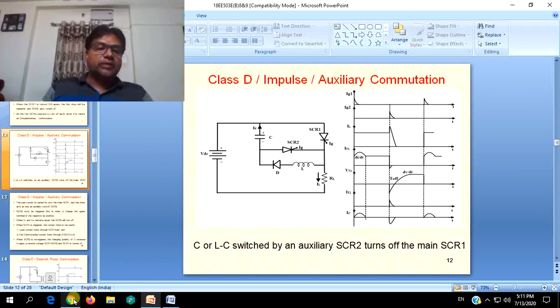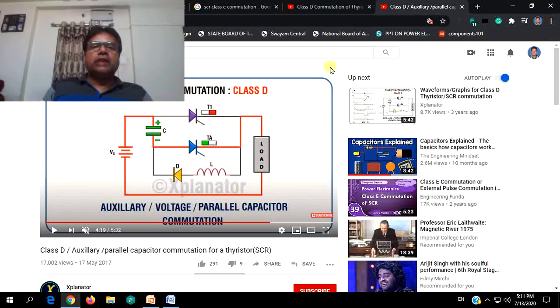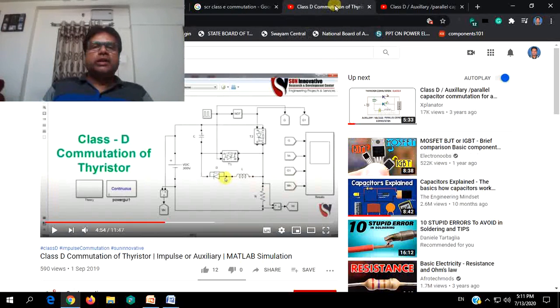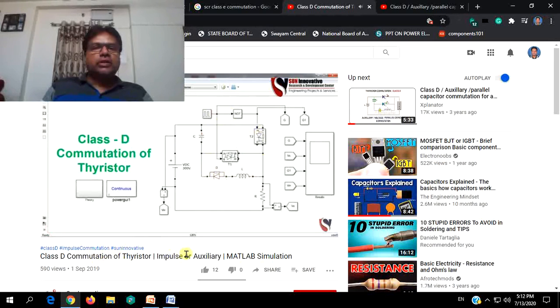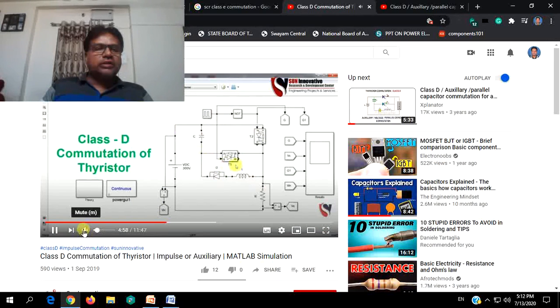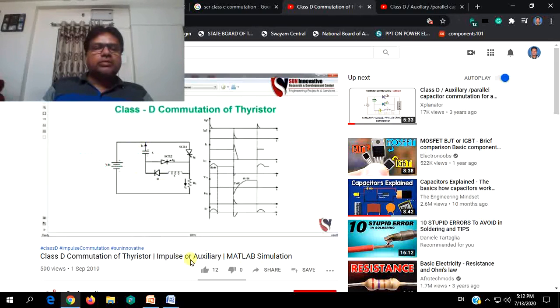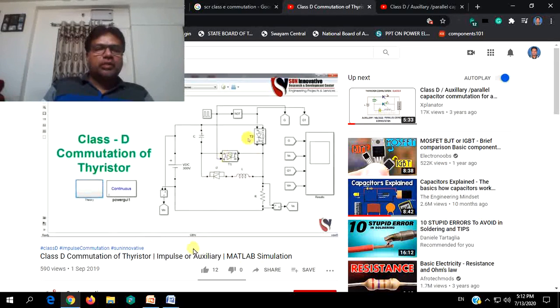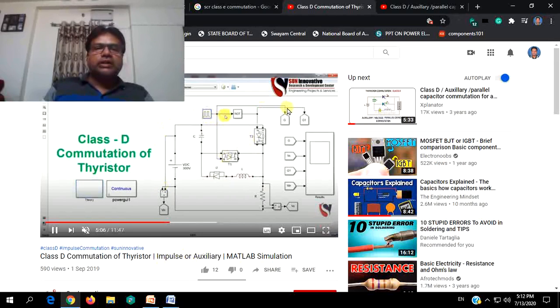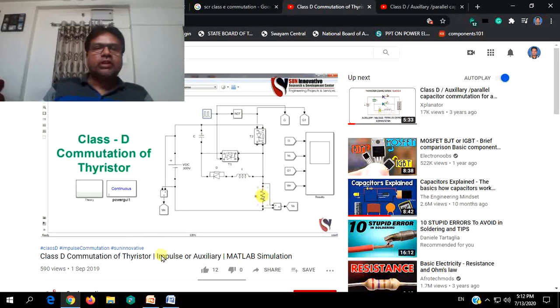Again, these waveforms we will have a quick look at, where we have a MATLAB simulation in which the class D commutation circuit is designed in MATLAB when the simulation is done.